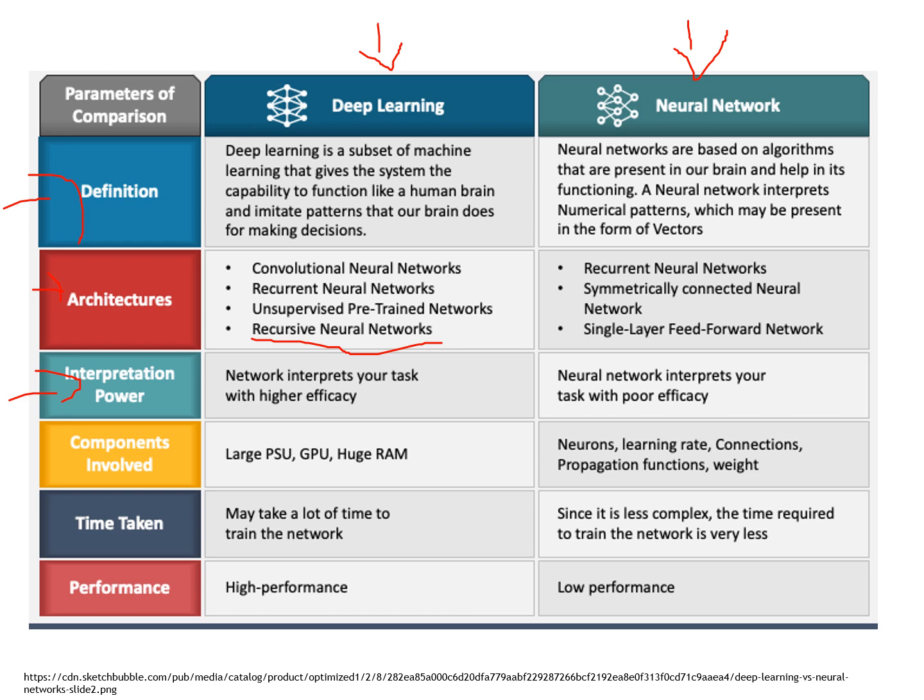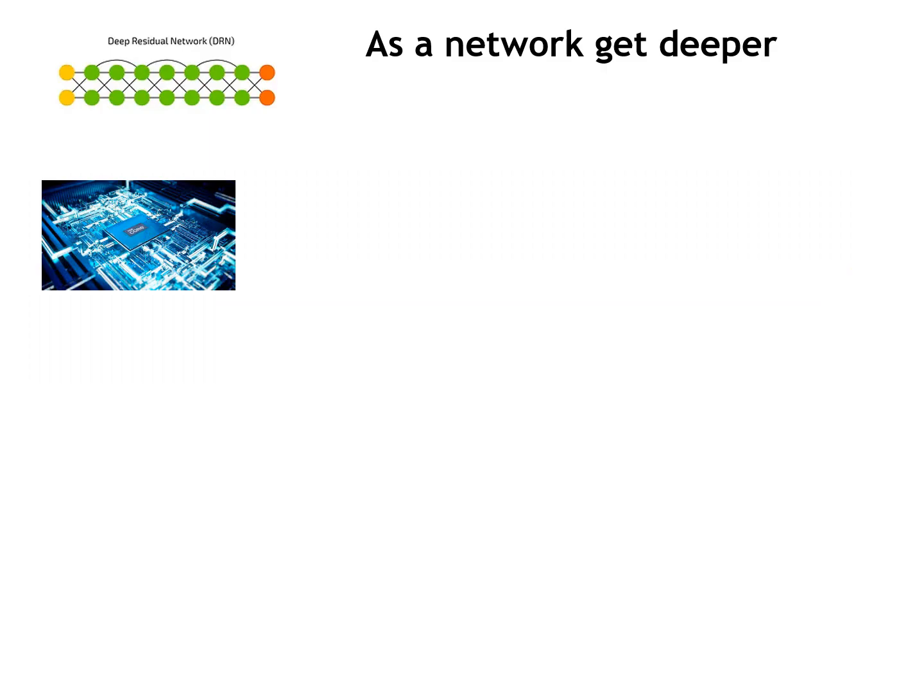Deep learning can be more efficient, but it will need more computer power and take more time for training, but it will have higher performance. Now in the next section, we will talk about some of the applications of these neural networks, as well as some of the problems and challenges they have.